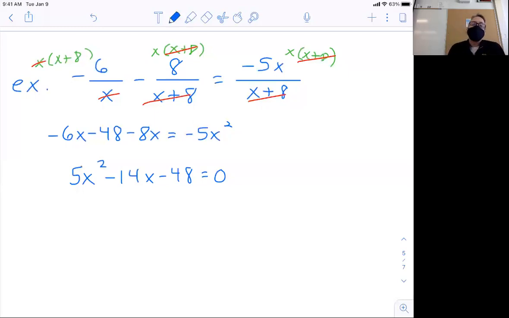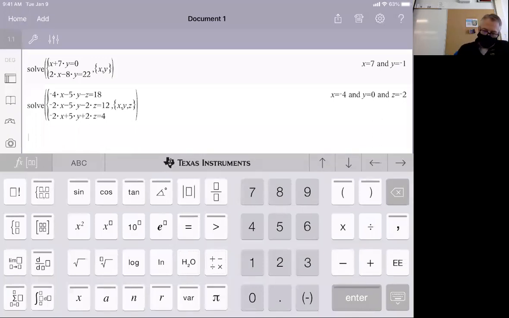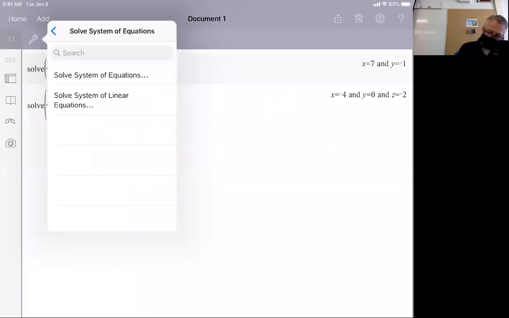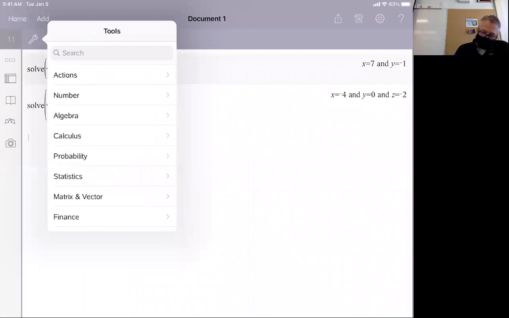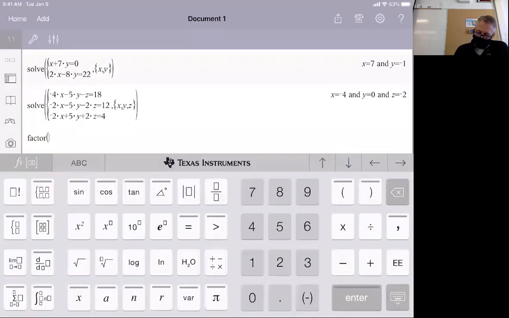Or I'm going to use my calculator to cheat a little bit. I have 5x squared minus 14x minus 48. Watch this. On your calculator, under our tool, we can go to algebra. I think it will factor for us. 5x squared minus 14x minus 48.